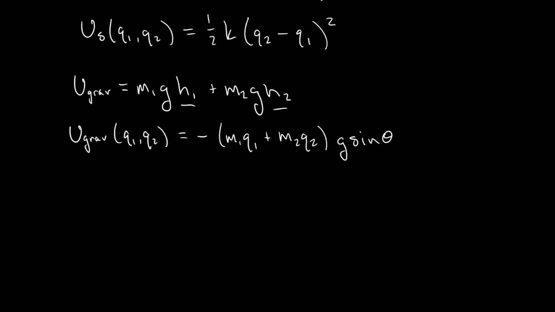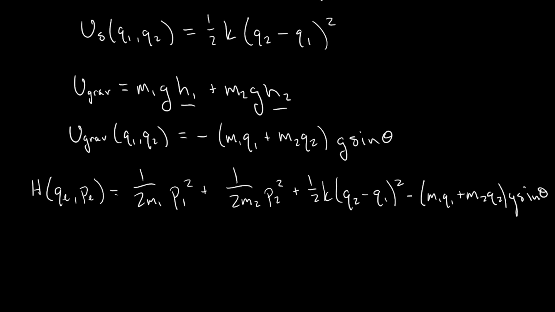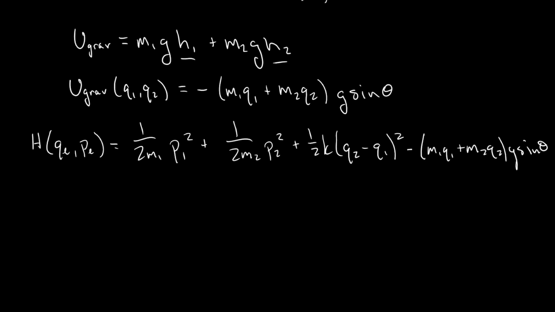So when all is said and done, we can write down our Hamiltonian: H equals p1 squared over 2 m1, plus p2 squared over 2 m2, plus one half k (q2 minus q1) squared, minus (m1 q1 plus m2 q2) g sine theta. Hopefully that's not going off the screen. Just barely on. Perfect.